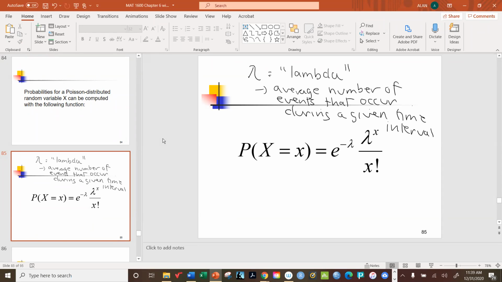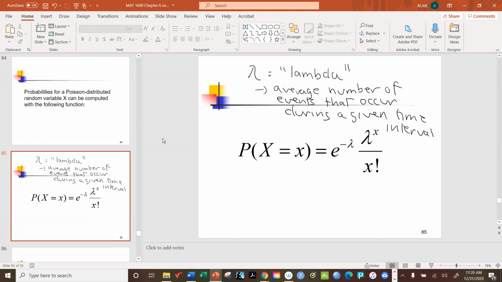Like with the customers in the bank, suppose you were told that during a normal day, 10 customers use the ATM during the lunch hour. That would mean that lambda equals 10. Okay, in other words, this is a number that you have to be given in the problem, and it represents the average number of events that occur during that time frame.